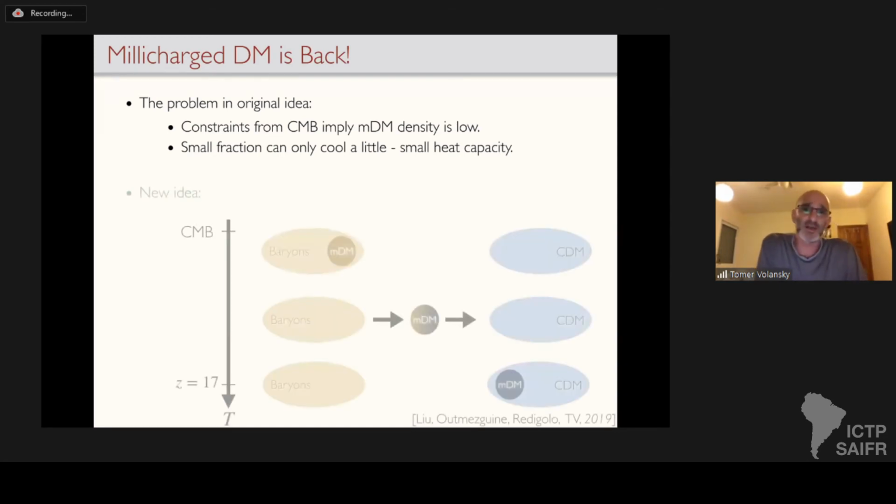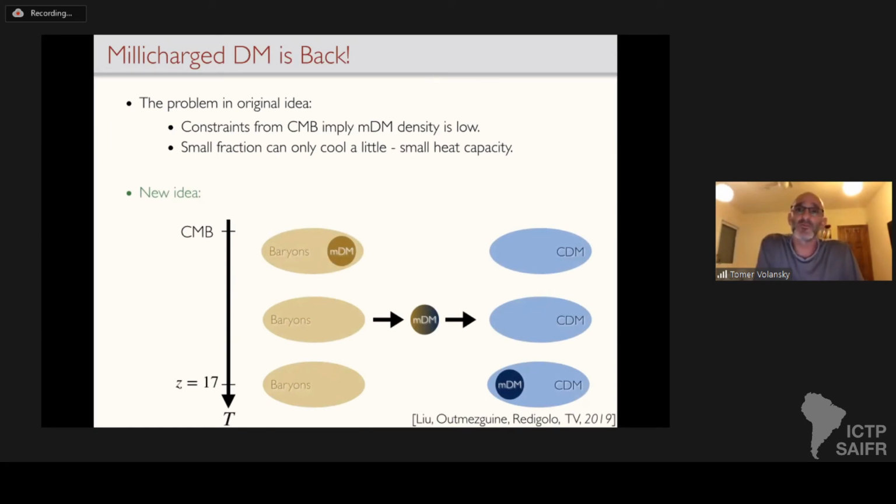So here's an idea. What if instead we have two components of dark matter, the milli-charge, which has a low density, and then the rest of the dark matter. And what if at early times, the milli-charged dark matter is strongly coupled with the baryons, so that it hides, it's part of the baryonic fluid, and it's below the fraction that you can detect at the CMB, so it hides underneath the uncertainties.